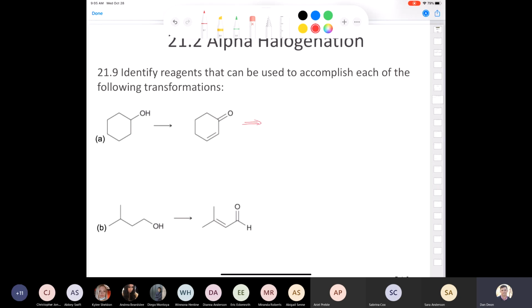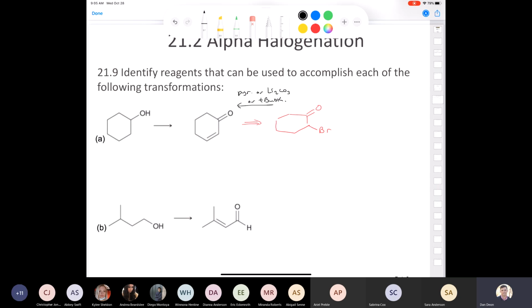I would think, if I could get to this alpha bromo ketone, then I can treat that with pyridine, or lithium carbonate, or potassium t-butoxide, and I'll do the elimination. Either one of those will work.